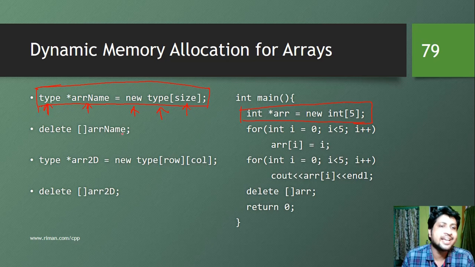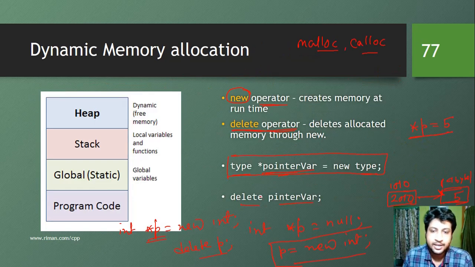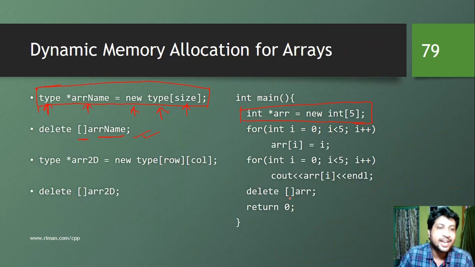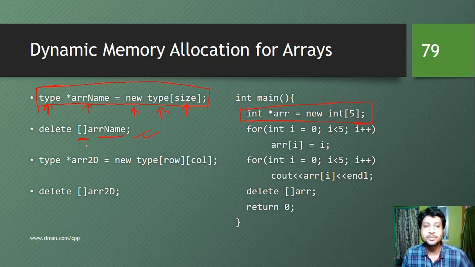Now, to delete an array, you use the array symbol before the pointer name. In case of normal deleting, we just mention the pointer name. In case of array deletion, we put this array sign, that means an opening square bracket and a closing square bracket, and that will delete your array. So what is happening here?